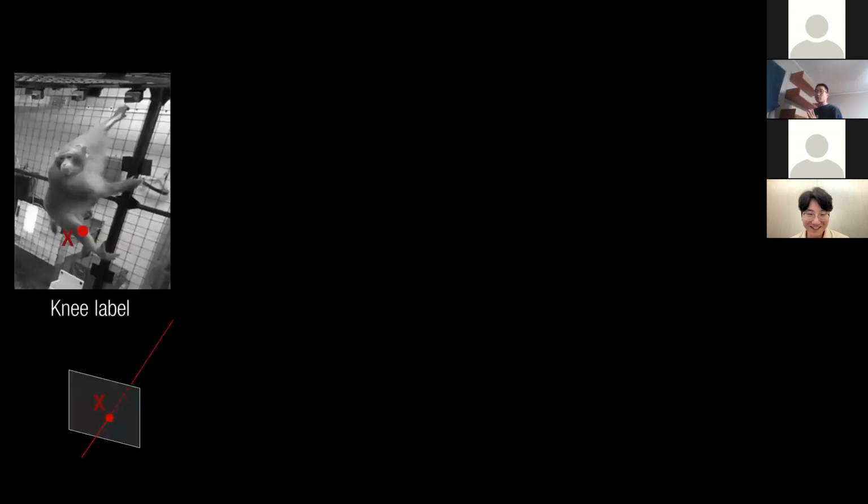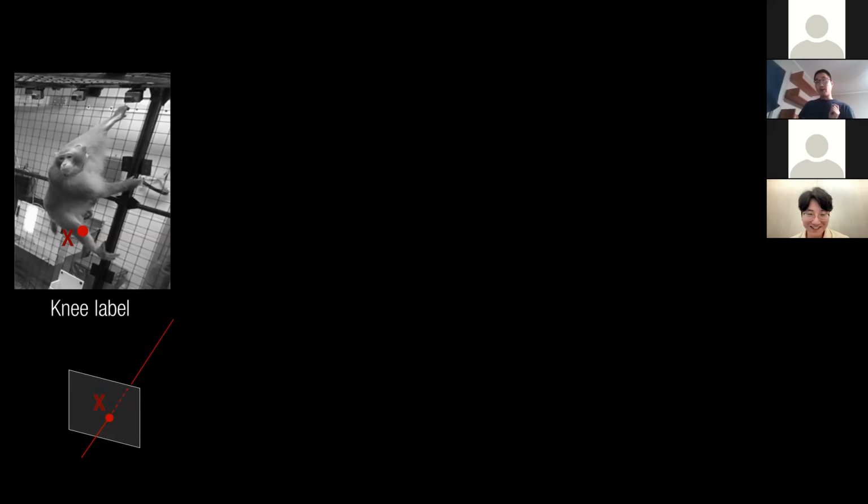Okay, so consider this monkey image. Here is the location of the knee of this monkey. The pixel location of this X corresponds to a ray in three-dimensional space. Okay, a pixel in one image corresponds to a ray in three-dimensional space.